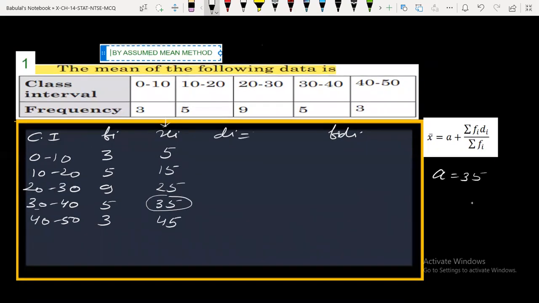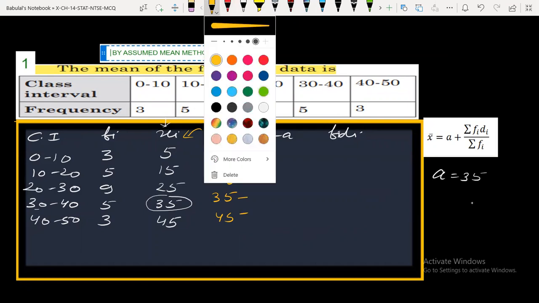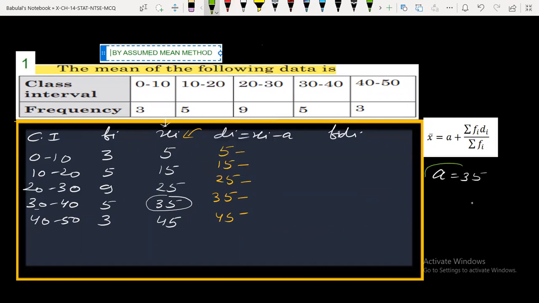What is di? That is xi minus a. So first we write xi as it is: 5, 15, 25, 35, 45. Now from this we have to subtract a. What is a? a is already taken, that is 35.